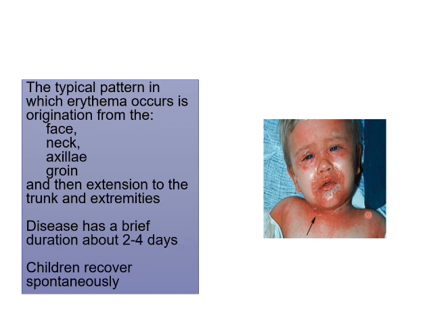The typical pattern in which erythema occurs is as follows. The erythema starts from the face and then to the neck, the axilla, and the groin, and then extends to the trunk and extremities. The duration of the disease is quite brief. It takes about 2 to 4 days.